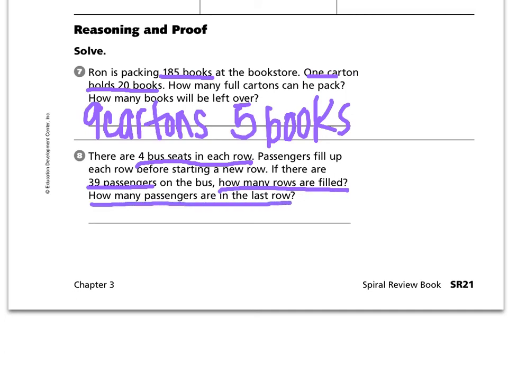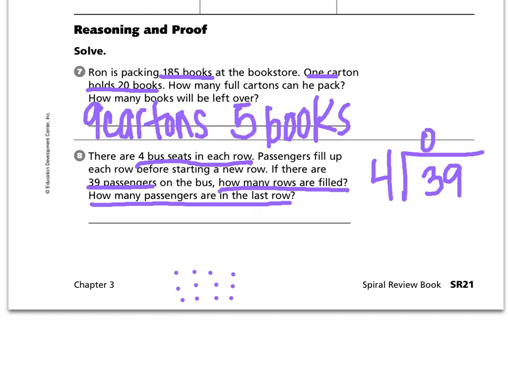So again, I could draw out a picture using dots and just count up until I get to 39, but that would take me a little bit too long. So I'm going to use a division problem again. 39 divided by 4. I know 4 goes into 3 0 times, and I need to think about how many times 4 goes into 39.